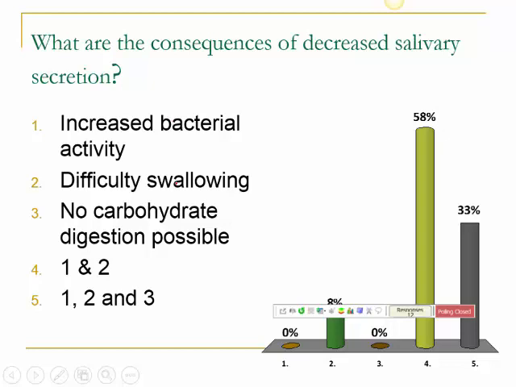So it's only increased bacterial activity and difficulty swallowing. No, that's too far-fetched. The carbohydrate digestion occurs in the small intestine. We have enough enzymes to act on carbohydrate digestion there.